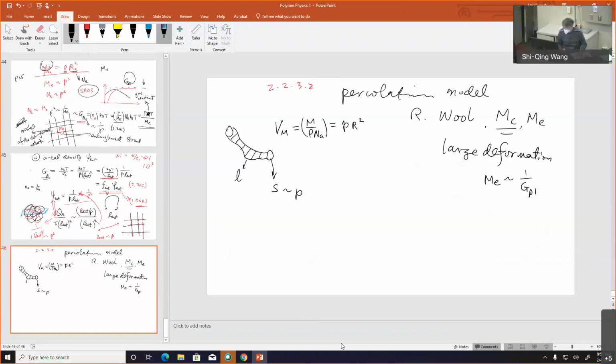Each monomer has a bond length of L. And how many monomers? You have N monomers, where N is the number of repeated units in a chain.